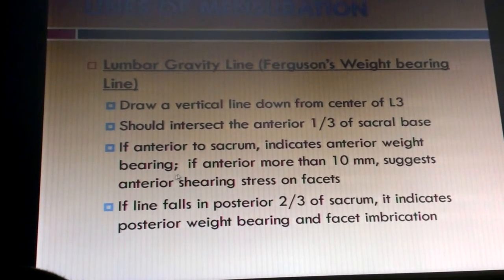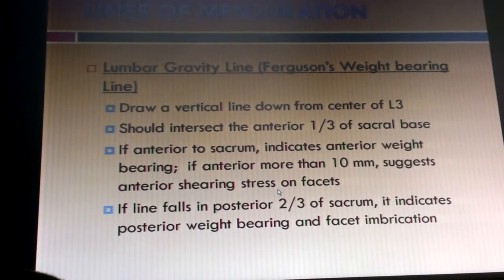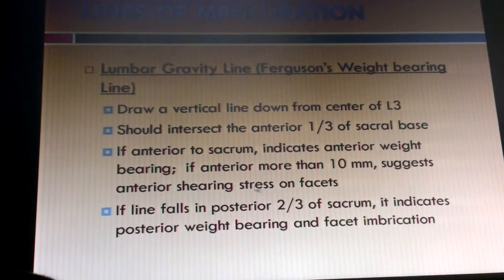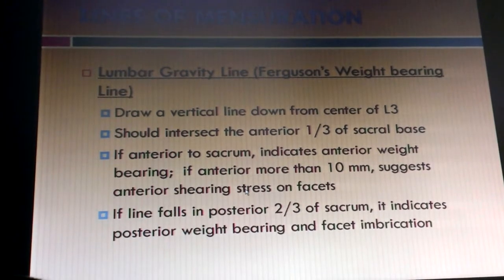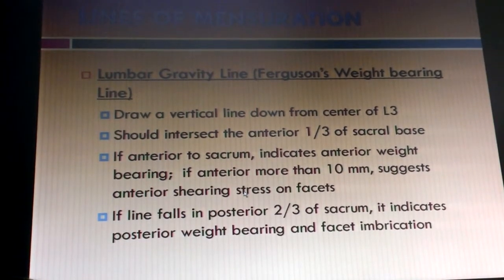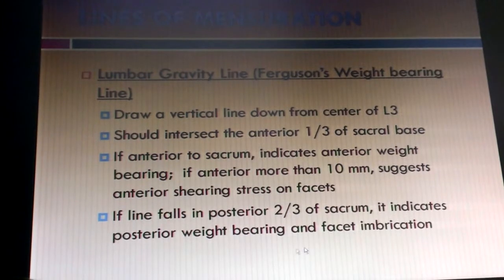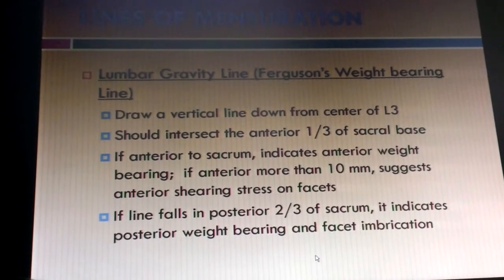And then you talk about anterior if it's in front of the sacral promontory, or you're going to talk about it being posterior if it's like the mid 1/3 or posterior 1/3 of the sacral base. So here we're just picking up the anterior aspect, and we're doing good.